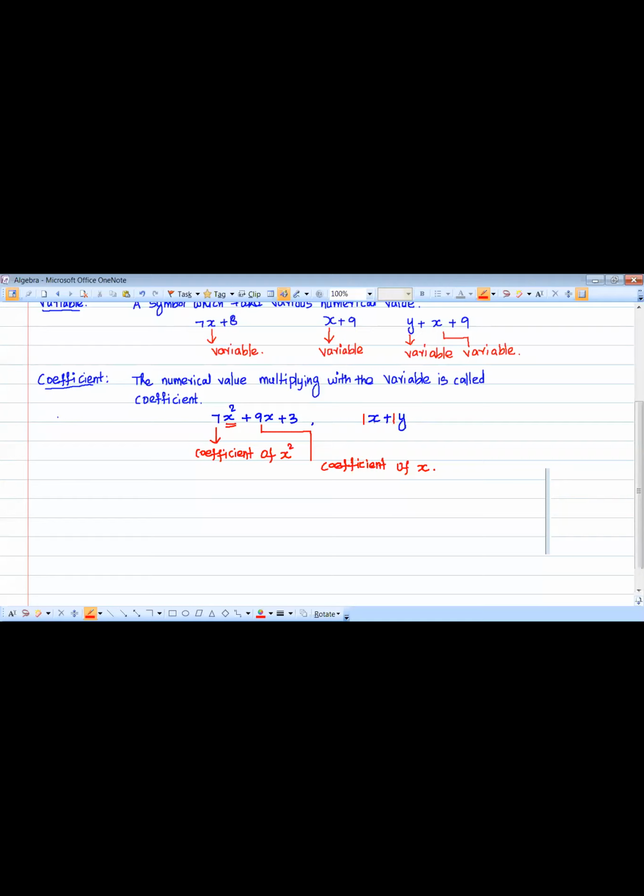So if anybody asks what is the coefficient of x in this place, you should say coefficient of x is equal to 1 and y is equal to 1. Got the point? Okay, so this is the simple definition of coefficient.